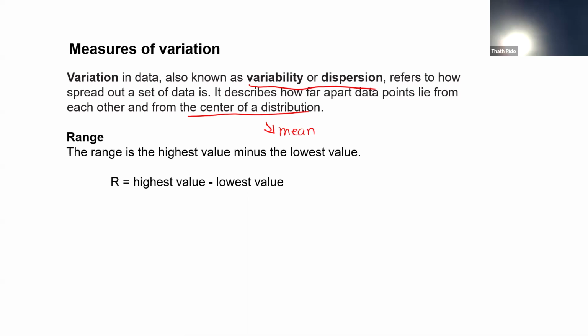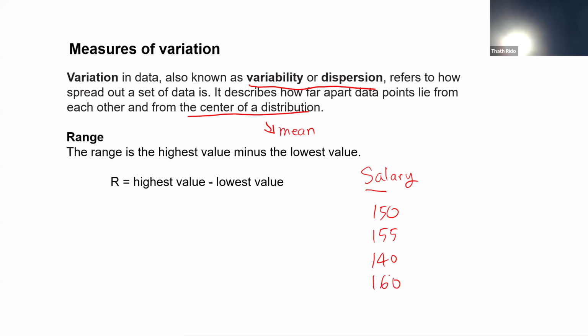So the range is a measure of variation. It's very easy. You can see this data value; let's say it's a salary. Let's say in two cities, in the first city, the salary is like 150, 155, 140, for example, or 160.